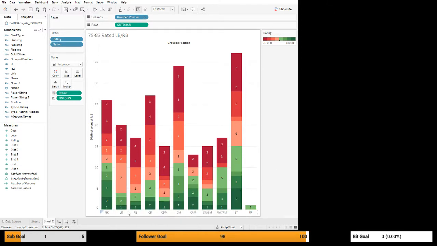They've got pretty much everything. A lot of low rated cards. I think we need to add the leagues in there to really get a lot of value.